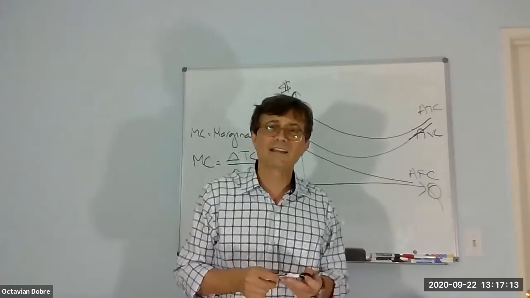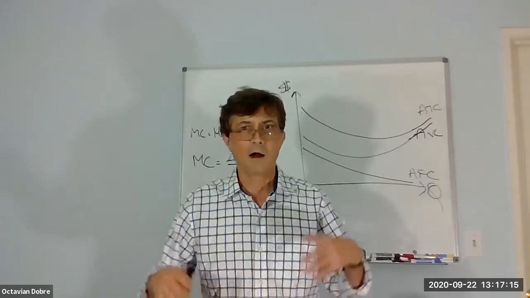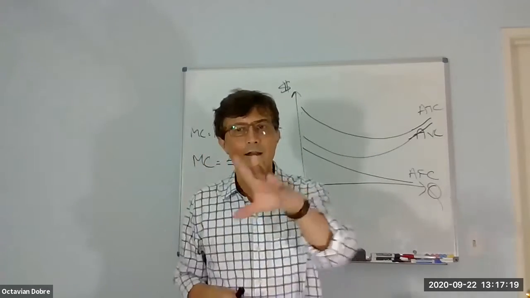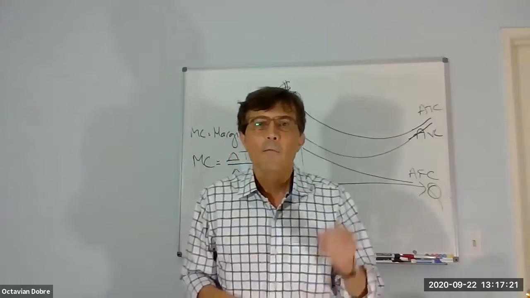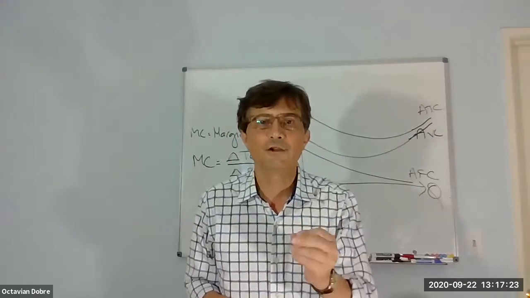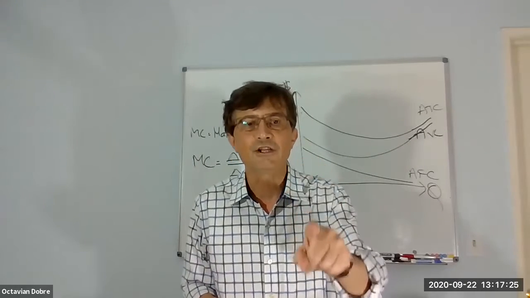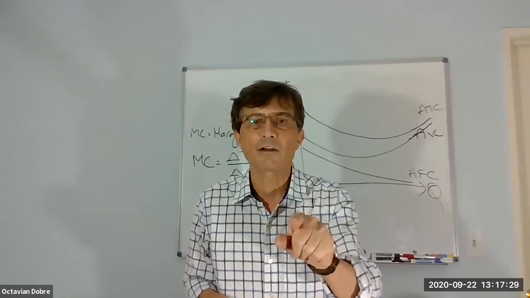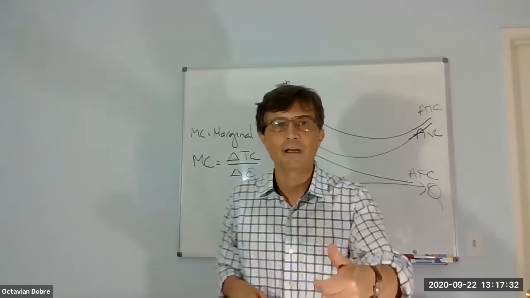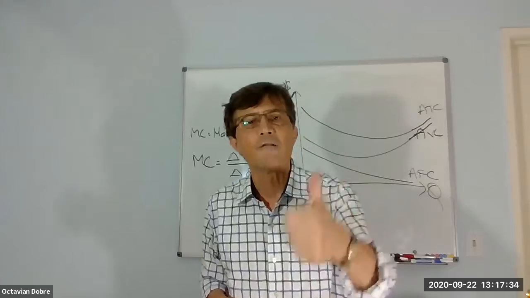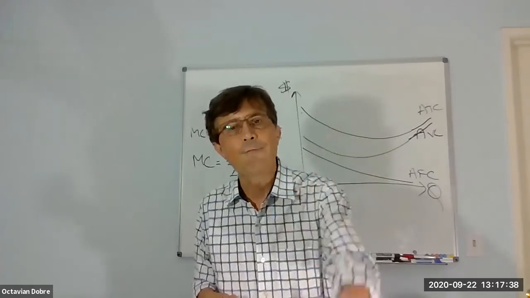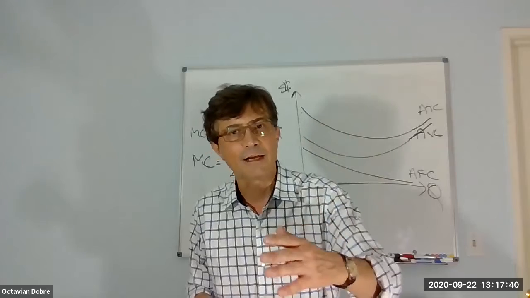So the change in total cost given a change in output. Let me say it a little more in English than in economics. Marginal cost tells you the cost of each individual unit. With marginal cost, you're looking at the cost of the first unit, the second unit, the third unit, the fourth unit, the fifth unit.